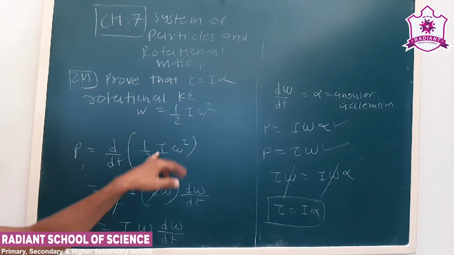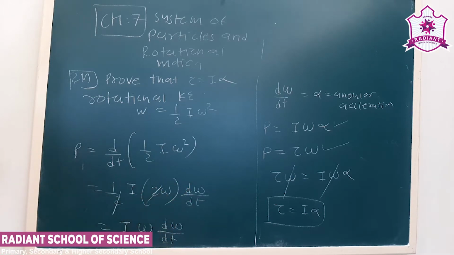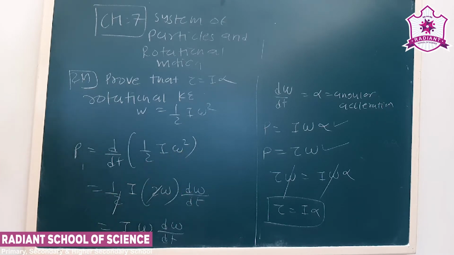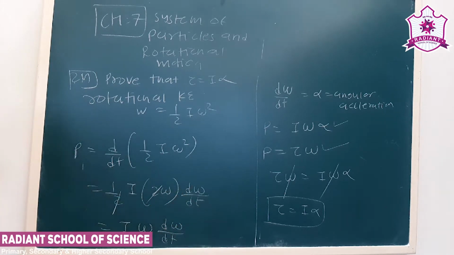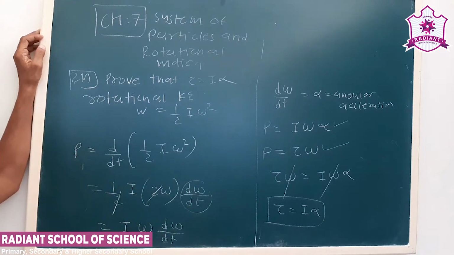So now derivative of this: 1 by 2 I is constant, omega square derivative is 2 omega, and by using the chain rule. Why? Because here we are taking derivative with respect to time, but there is no term with respect to time, so in that case we have to go for derivative of omega also. See, this d omega by dt is alpha, so the equation of power has become I omega alpha.